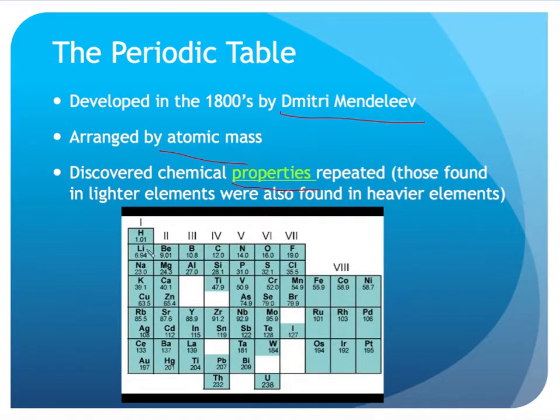For example, lithium reacted a certain way, and then he listed them out, and all of a sudden, sodium does the same or a similar thing. So he started his list over again and then expanded out by atomic mass and so forth. He was the first person to really put this all together, and he's the one that set up the idea of a periodic table.